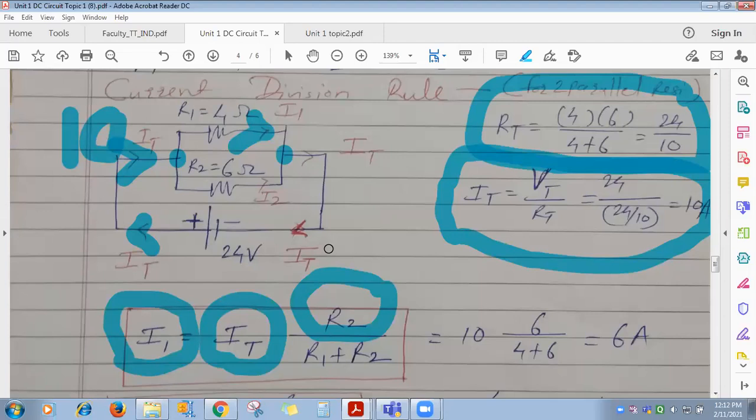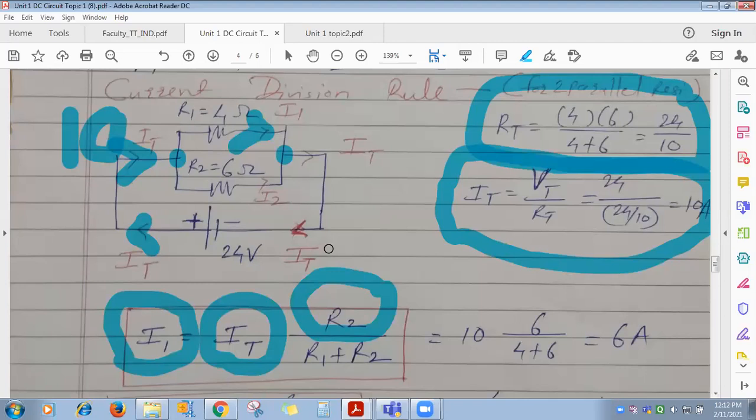Here, if you simplify I1 R1 plus I1 R2, this formula is derived by various calculations. The reason is that after simplification, after derivation, we get this formula.